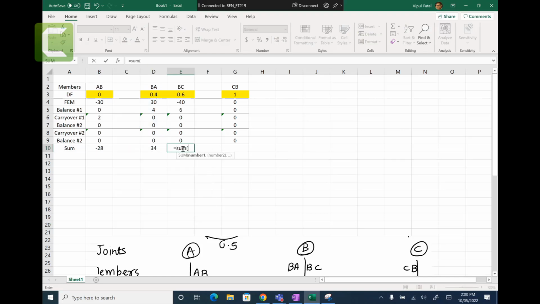Equal to sum the moments, here minus 34, and equal to sum. That's what your hand calculation should give you.